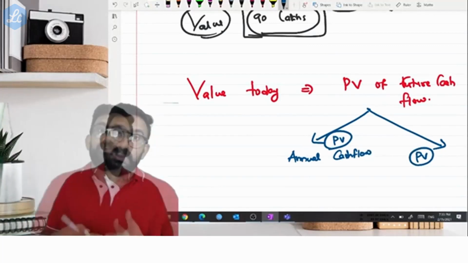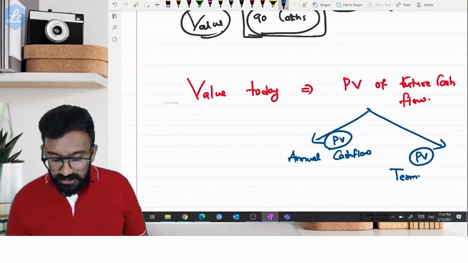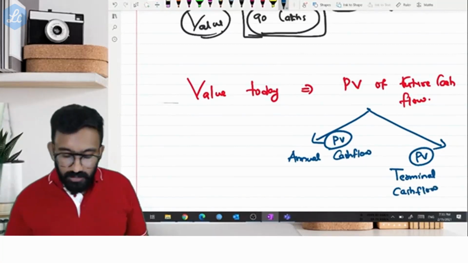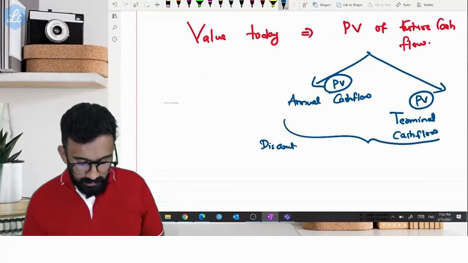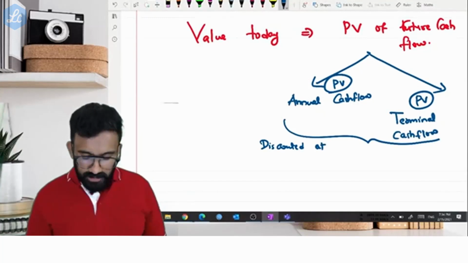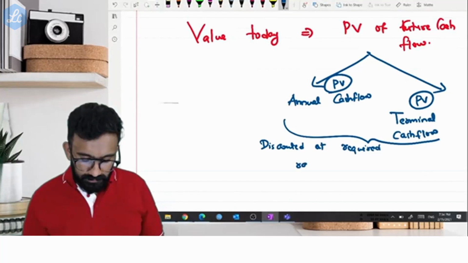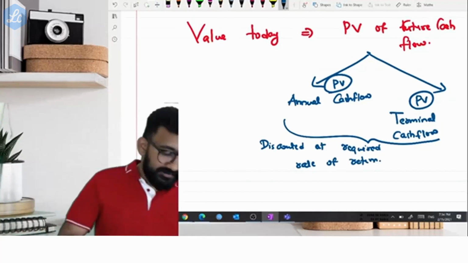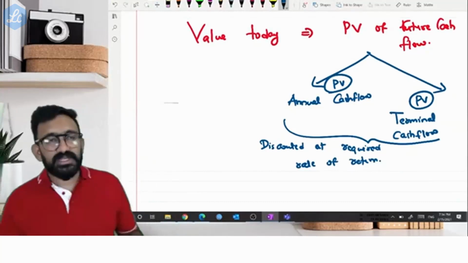In our decision, it was the sale value of this flat at the end of the year. So that is going to be called the terminal cash flow, discounted at the required rate of return. So this is how generally a valuation concept is explained to you. Okay, so very simple concept.